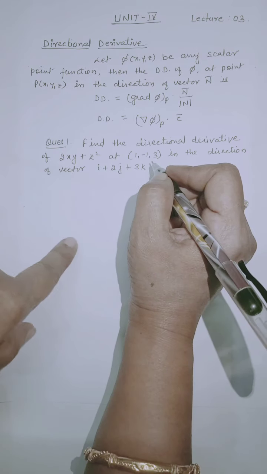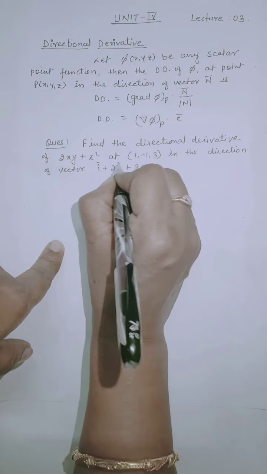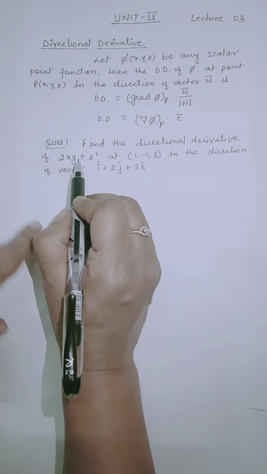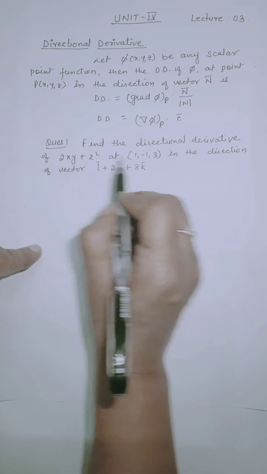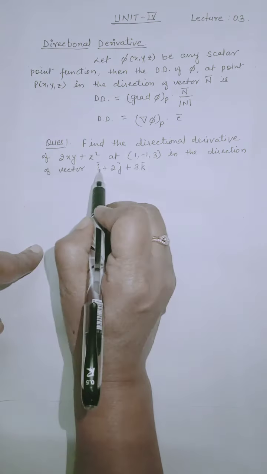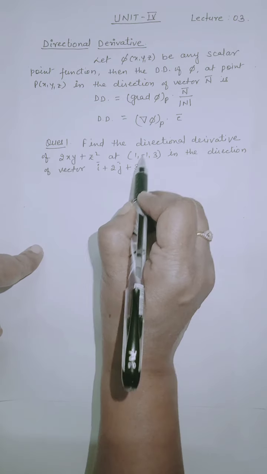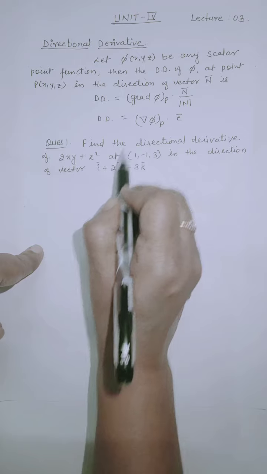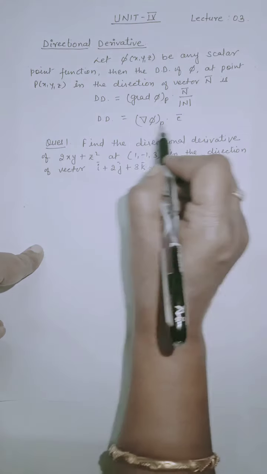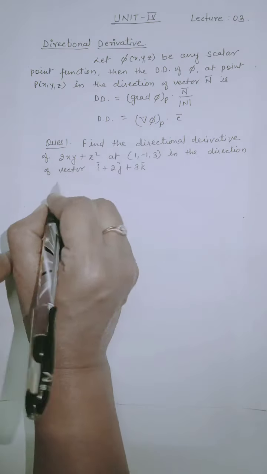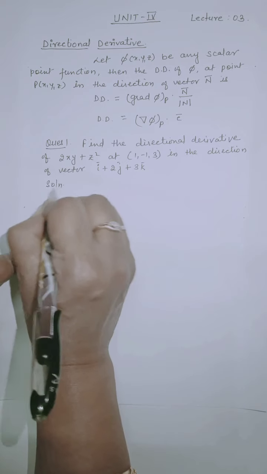So students, this is the question where you have to find the directional derivative of this function at this point in the direction of this vector. So you are given with phi, P and n. So you have to substitute the values in this formula and you have to find the directional derivative. So let's find.